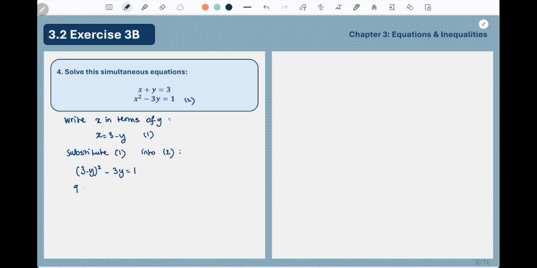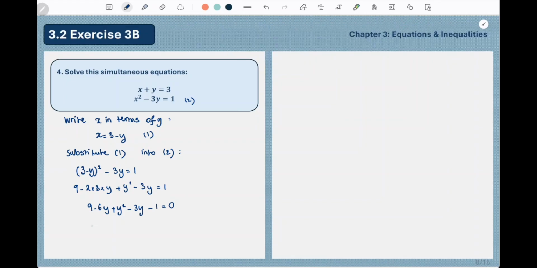expand this one. So this is 3 squared minus 2 times 3 times y plus y squared minus 3y equals 1. I just have to simply compute this. So 9 minus 6y plus y squared minus 3y, and I'll move the 1 over as well, because we want to solve the quadratic equation eventually, so we want everything equal to 0.